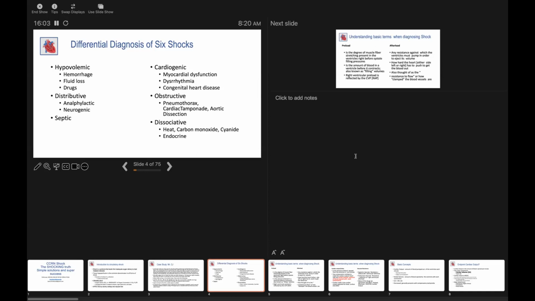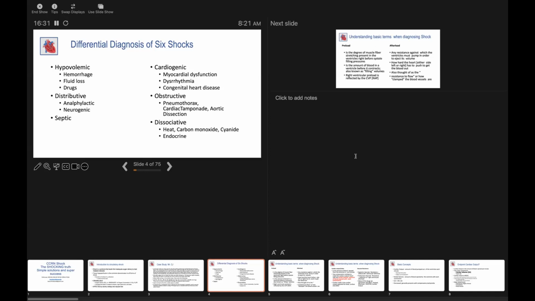The 4 kinds of shock that the exam will ask you about: hypovolemic, distributive, cardiogenic, and obstructive. Not going to ask you about dissociative shock, and are not going to separate sepsis to a separate form of shock. So AACN will list 4 types of shock, and you've got to be able to differentiate those: hypovolemic, cardiogenic, obstructive, and distributive.